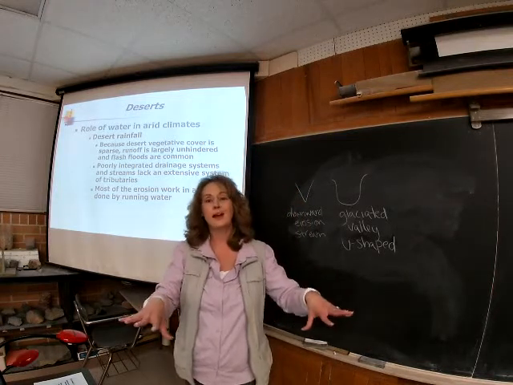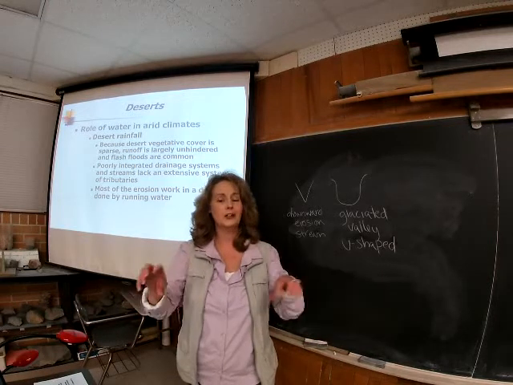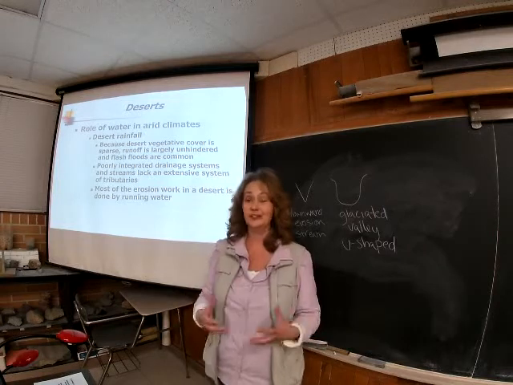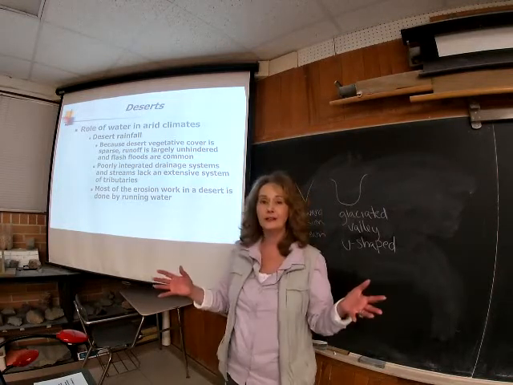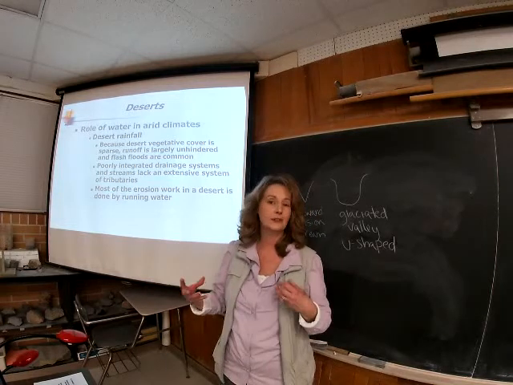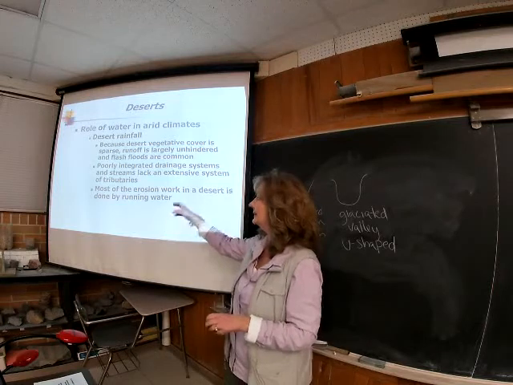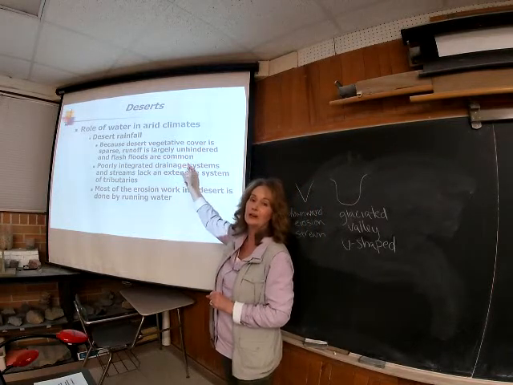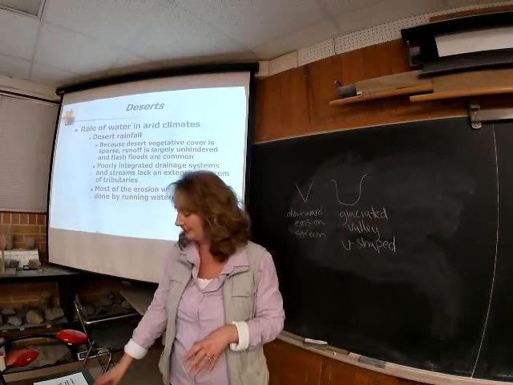They're trying to take advantage of whatever moisture comes their way, so the vegetation is sparse. And that runoff is unhindered, because remember how the roots of plants would help to bind the soil? Here they're so sparsely spaced that the water is just going to run unhindered. And so flash flooding is very common.